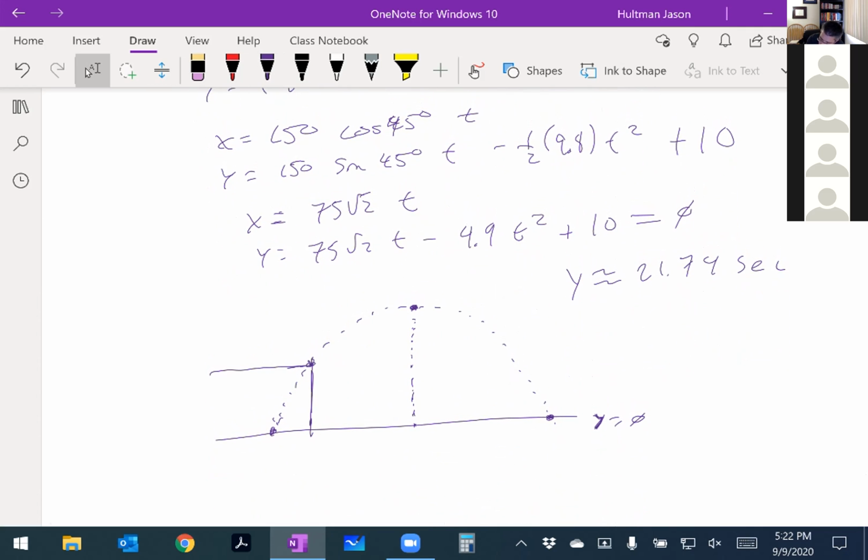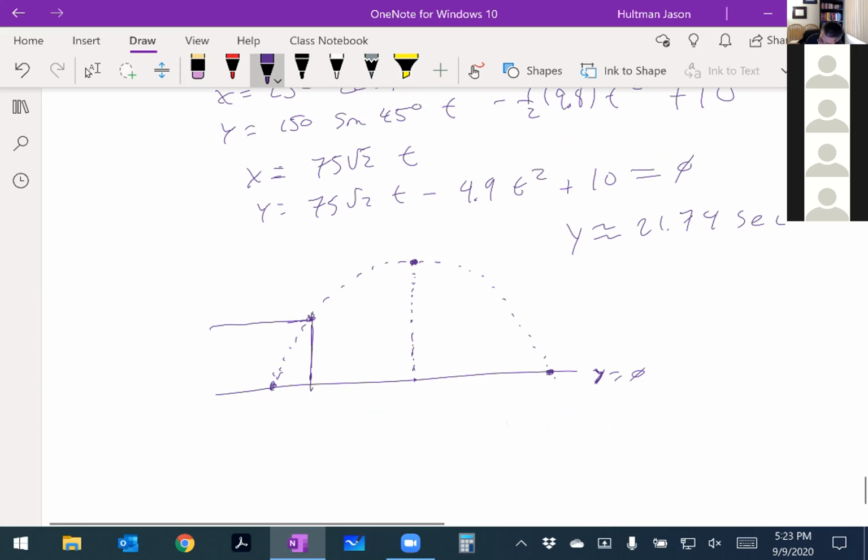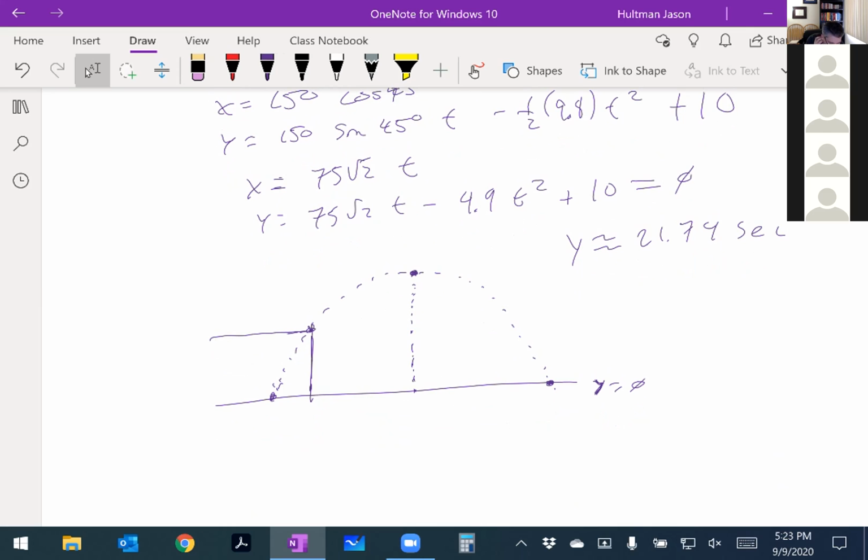The height is 0, but what's the distance? The distance is that x value, x equals 75 radical 2 times t, which is 21.74, which comes out to approximately 2,306 meters away.